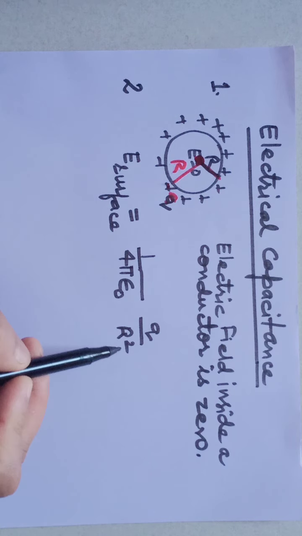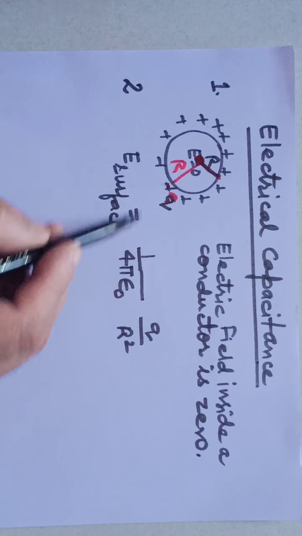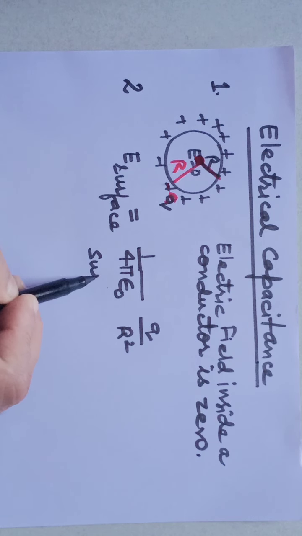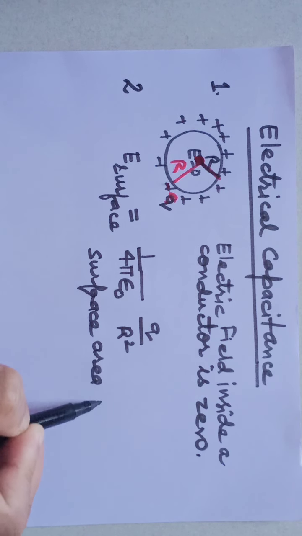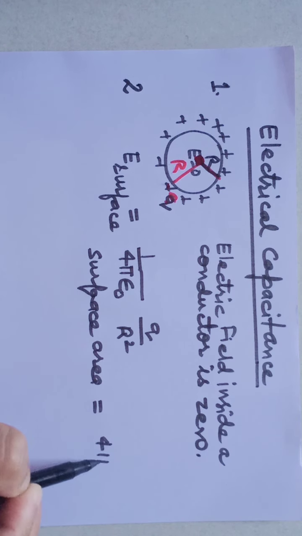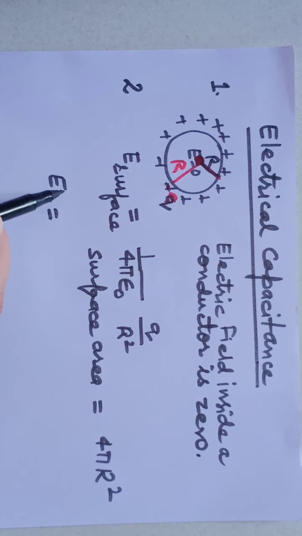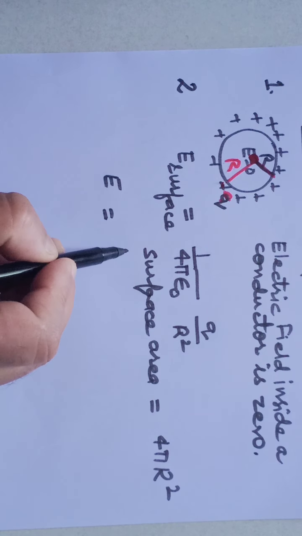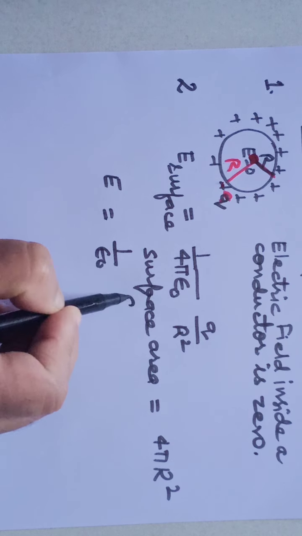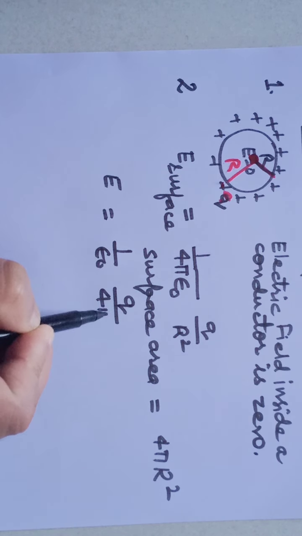So now the surface area of this sphere is 4 pi R square. So if we calculate it, then it comes out to be 1 upon epsilon naught, and let us take 4 pi R square here.